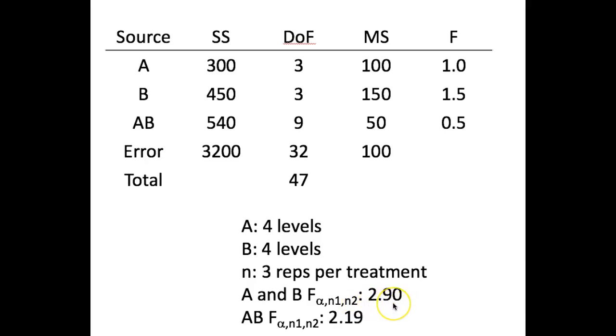It is 2.90 for A and B, and 2.19 for AB. The reason we've got 2 different F values for comparison is because our degrees of freedom for AB are different from A and B. So here N1 is 3 to give us our F value of 2.9. Here N1 is 32 to give us our F value of 2.19.